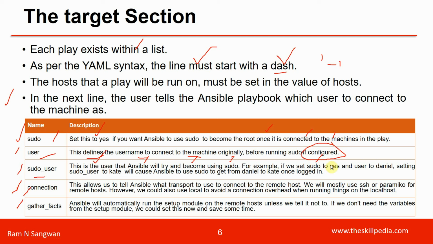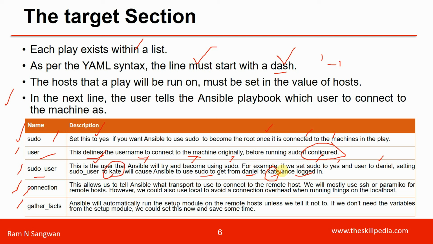For example, if you set sudo to yes and the username is Daniel, then setting sudo user to Kate would cause Ansible to use sudo to get from Daniel to Kate once logged in, because you want to execute the playbook as Kate user, not as Daniel user, not as root user. Connection.